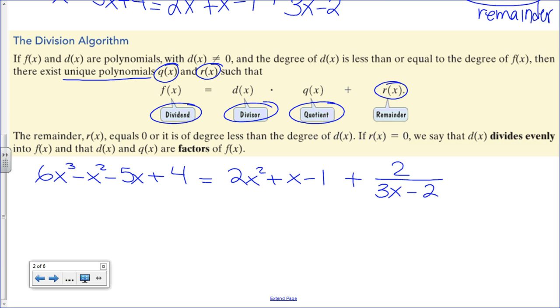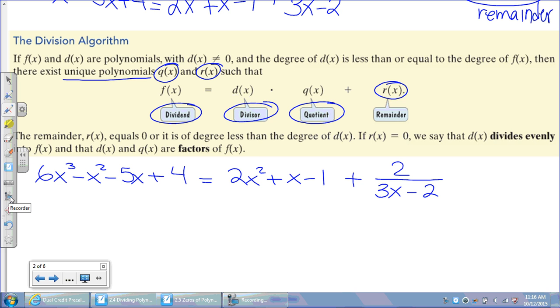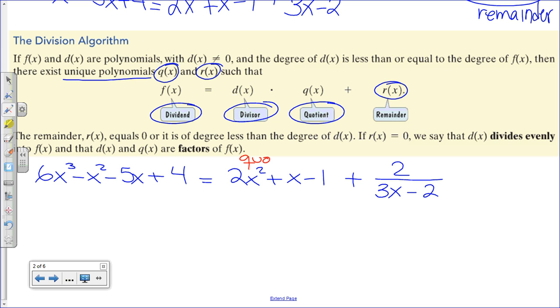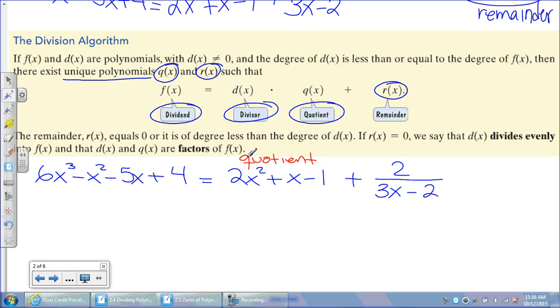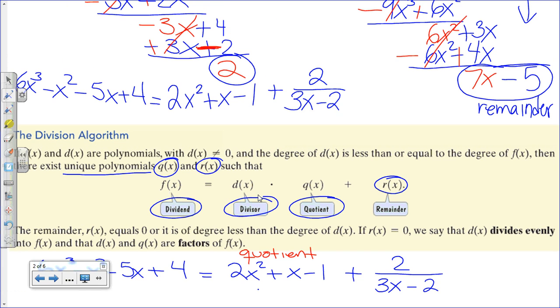But now, what will happen if I multiply by the... give me a second. So this is the quotient. Oh, I'm sorry, I am missing one thing. And you might want to make this correction on your paper. Right here, I should have had the divisor, divided by 3x minus 2.